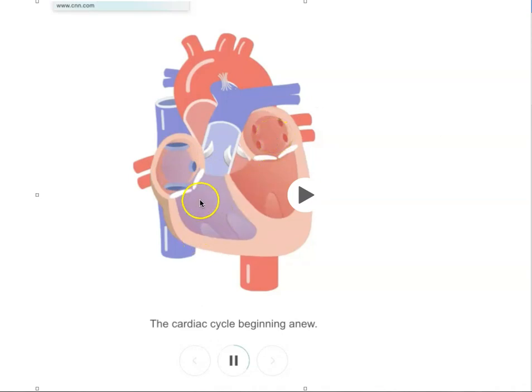I'll show you those in a little bit, but just imagine the force of the ventricle as it's contracting and pushing on those AV valves. It makes them shut, but there's so much force, we don't want those valves to flip backwards. And that force is pushing those semilunar valves open. Hopefully that makes sense.